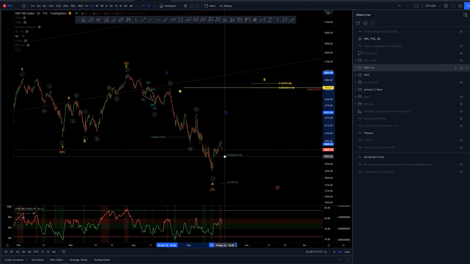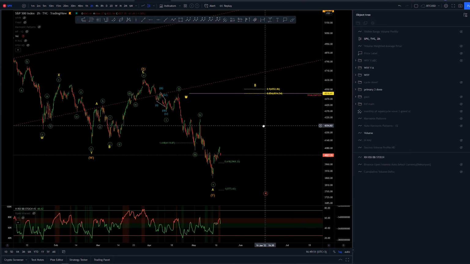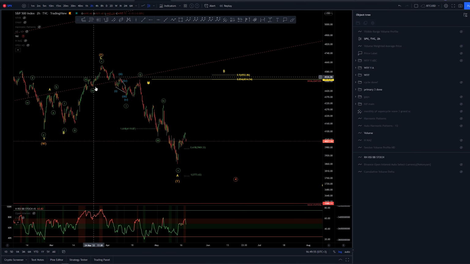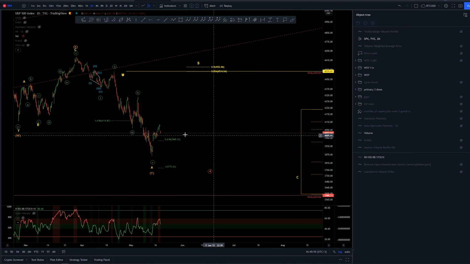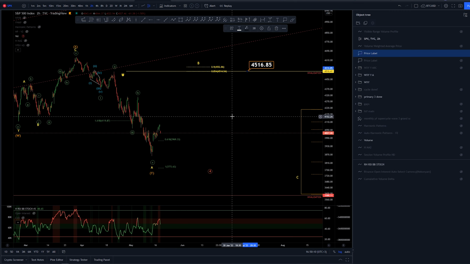We got some targets that the wave 5 is hitting, nothing abnormal here though. Now if we are ending this wave structure here with 5 waves, we are looking at this whole structure as an ABC, meaning that the B wave can't get above this invalidation point, which is at $4,516.